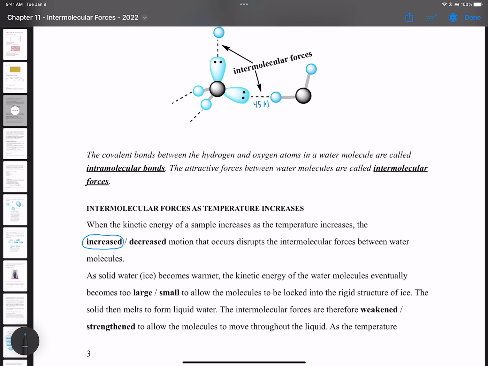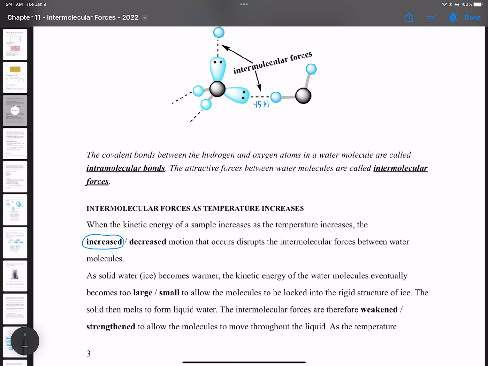Let's use the water example. As solid water, ice, gets warmer, the kinetic energy of the water molecules eventually becomes too large to allow the molecules to be locked into the rigid structure of ice.